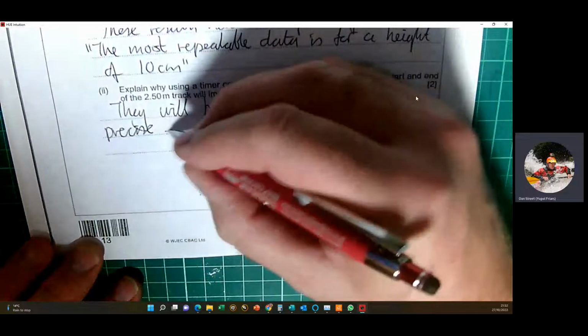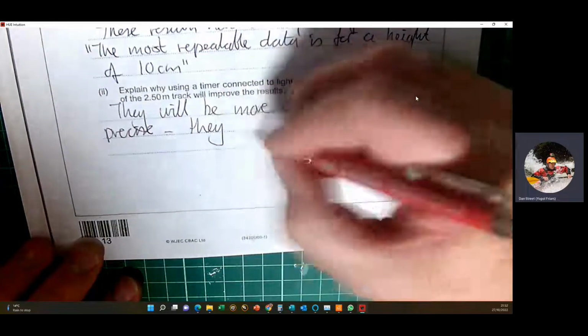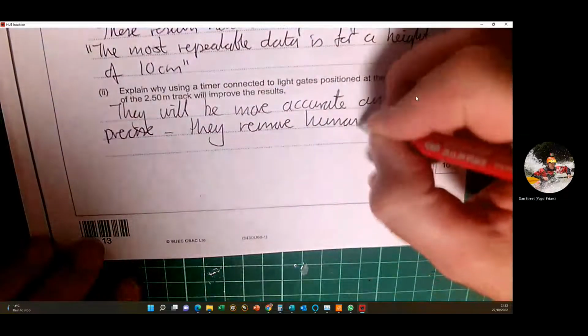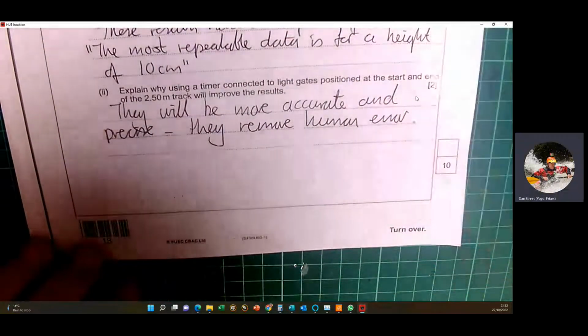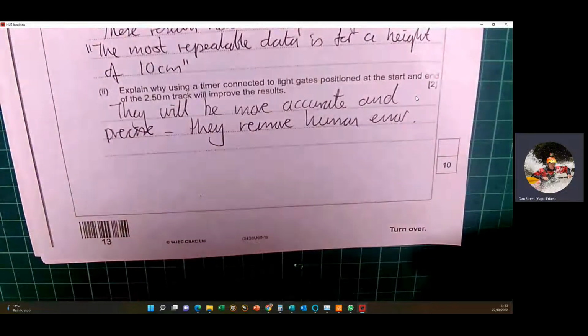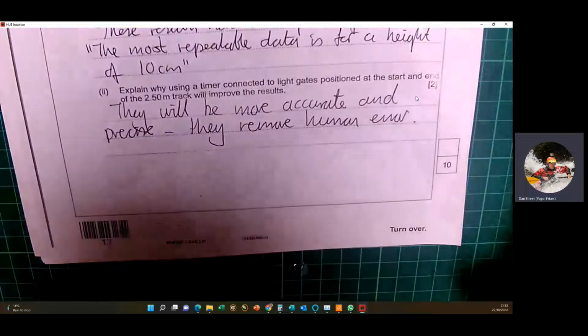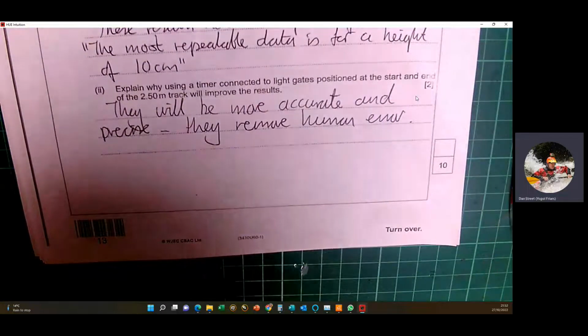And some people quite rightly said they remove human error. Okay, because the light gates are connected to a computer which automatically records the start and end time and therefore can work out the time of the journey.